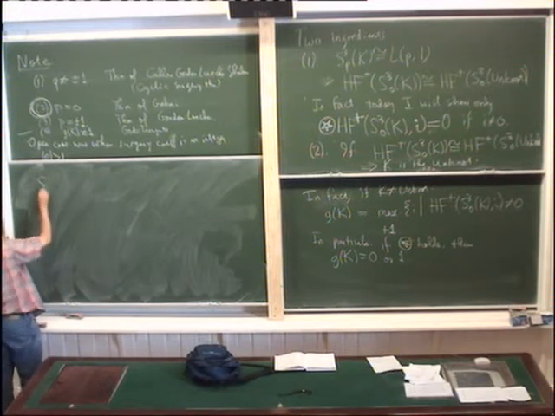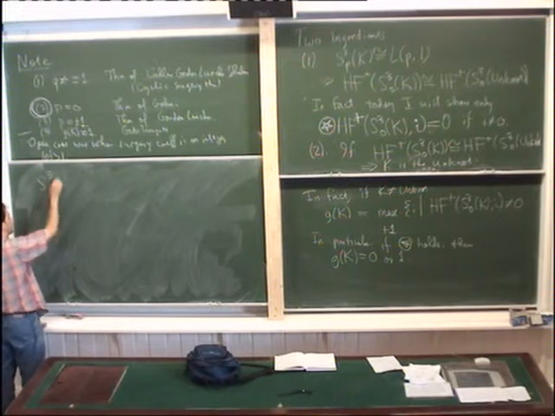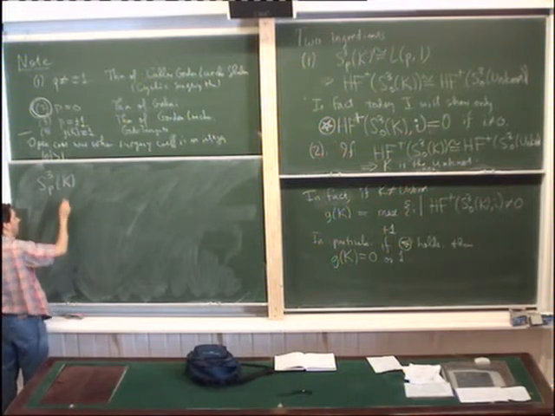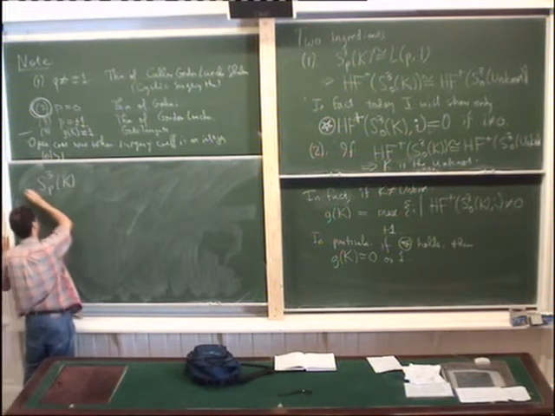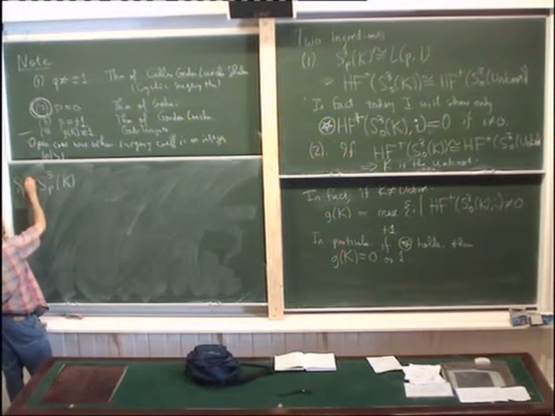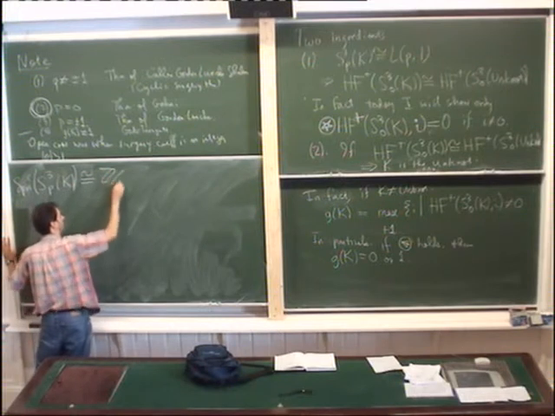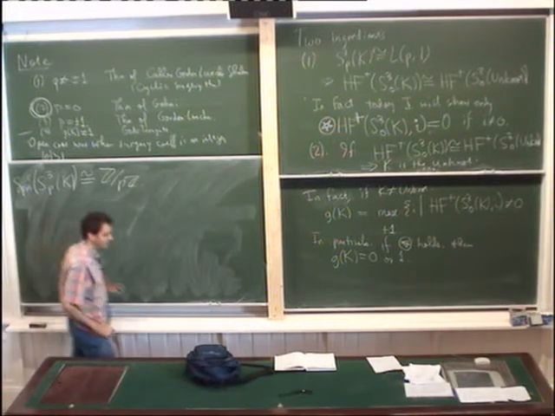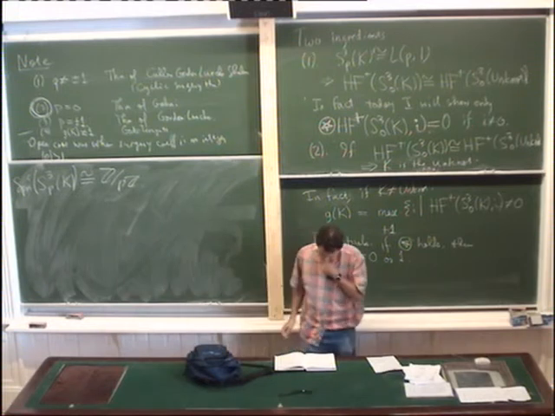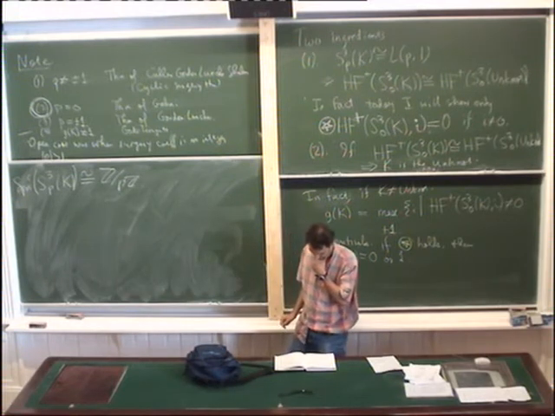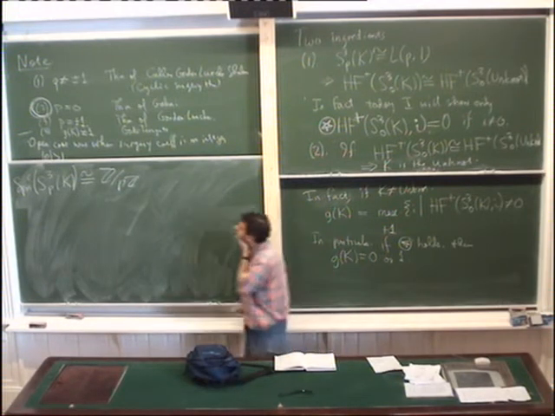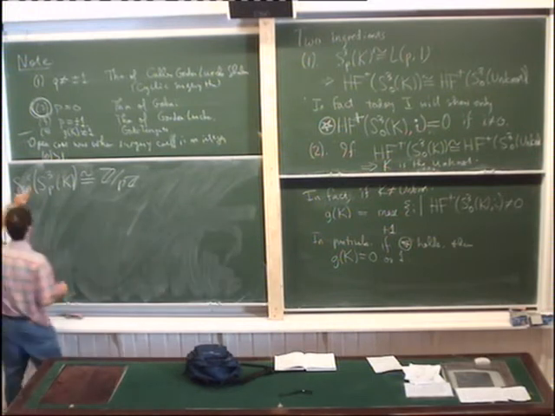If I do plus P surgery on a knot, then the set of spin C structures on this space, I think Andras already talked about this, is identified with Z mod P. And there's a canonical identification, and we can talk about the identification as follows.